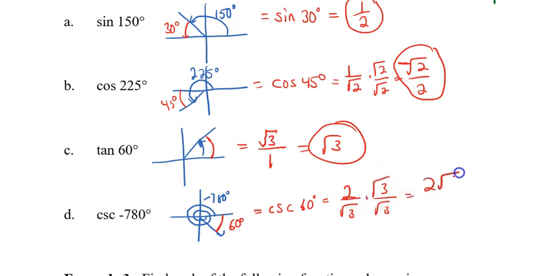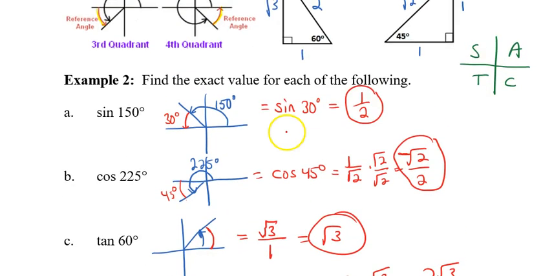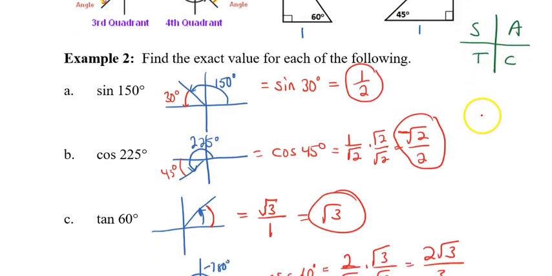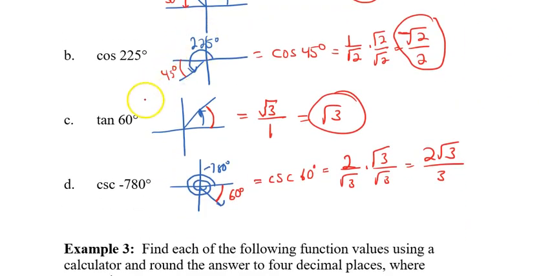So I get 2 square roots of 3 over 3, and then I need to decide if it's positive or negative. So it's cosecant, and we're in the fourth quadrant. In the fourth quadrant, cosine and secant are positive, so that means cosecant would be negative, and I just need to make my answer negative. Okay, so that's how we are going to deal with reference angles in this lesson.